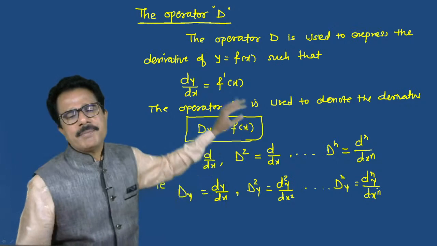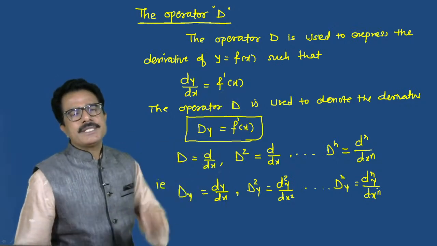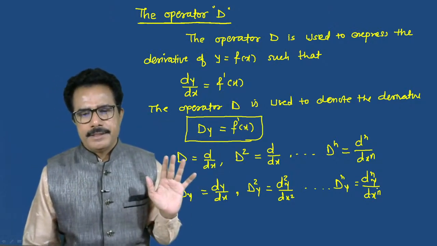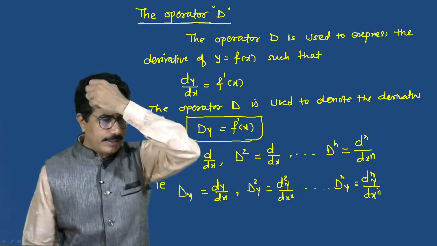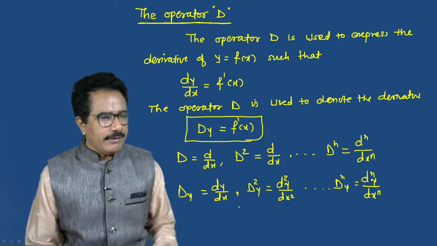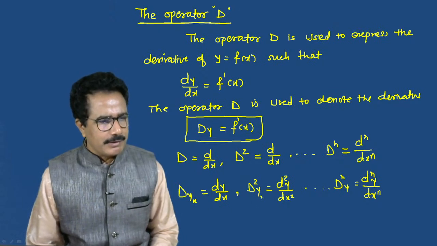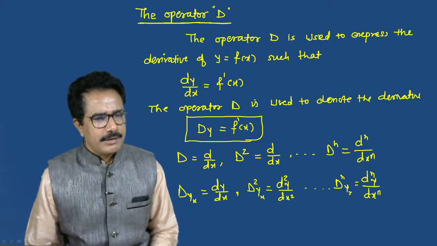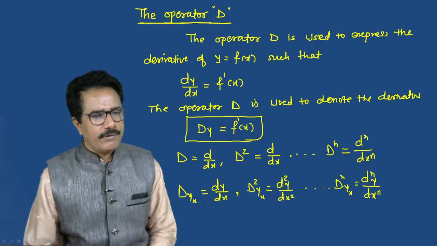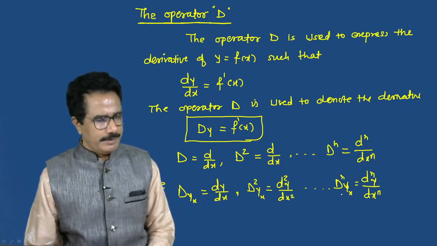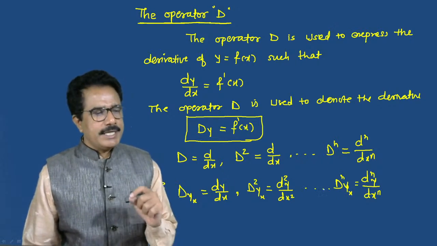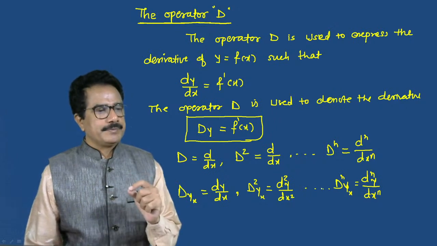See this is the simple idea of the operator D. D means the derivative. Now, when we say derivative with respect to x, here we also write it as y x, D y x, derivative of y with respect to x. So this can be written as operator D.